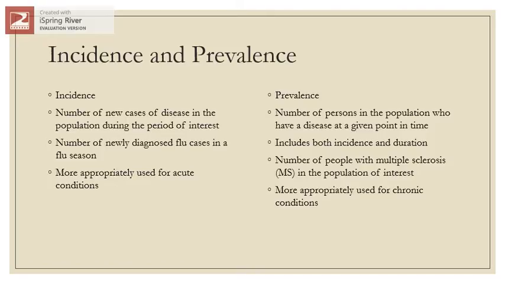Yes, the number of people who get MS, but they have it for a long time, typically many, many years. And so prevalence is better for giving us an idea about how common conditions are that last a long time. Maybe certain cancers, any variety of long-lasting chronic diseases.